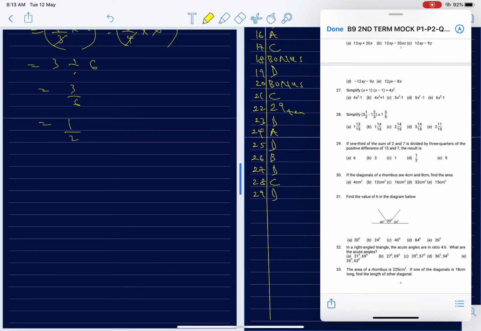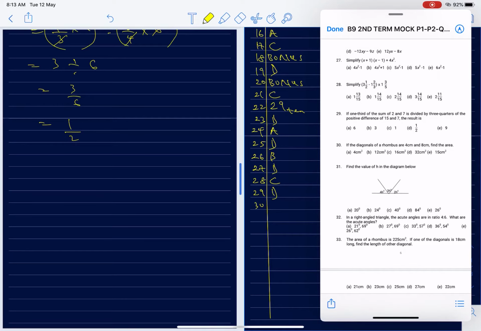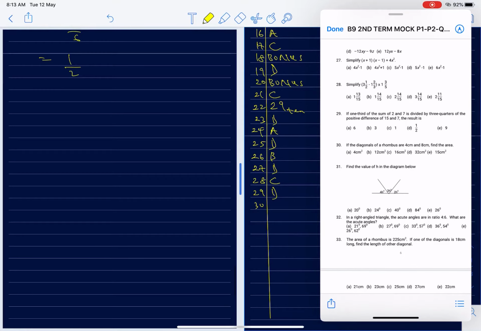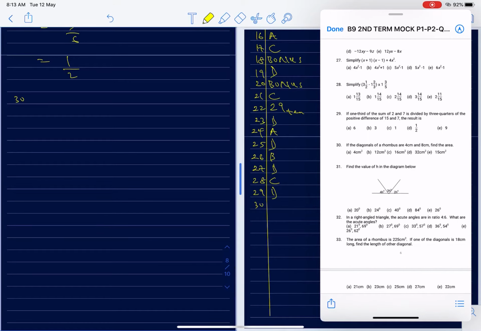Now to 30. If the diagonals of a rhombus are 4 centimeters and 8 centimeters, find the area. Okay, let's have a rhombus.